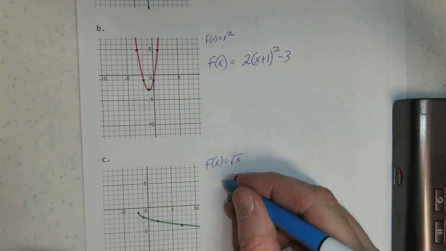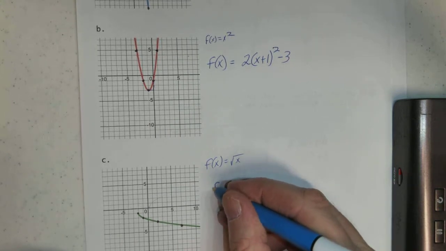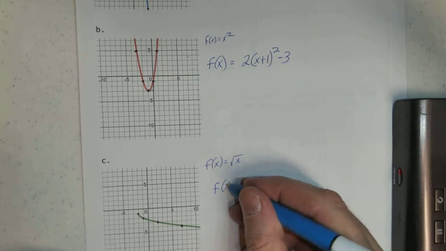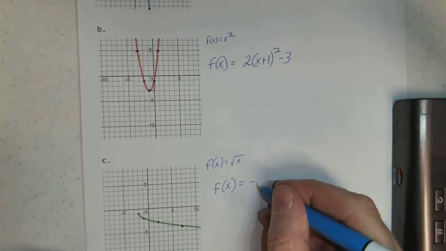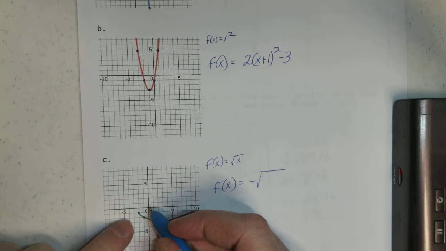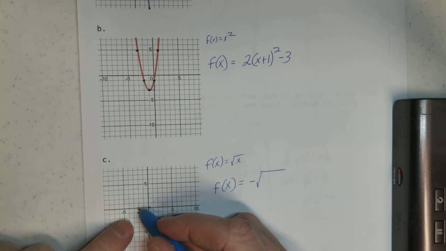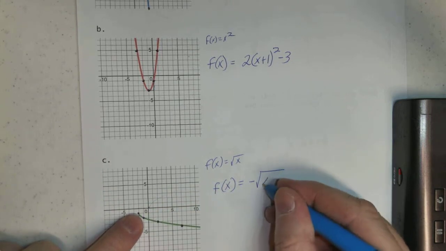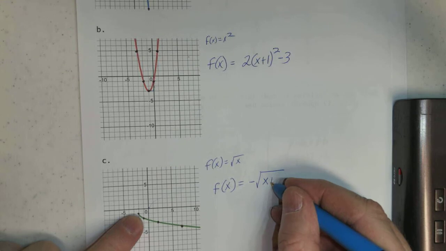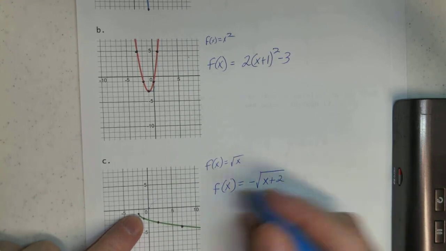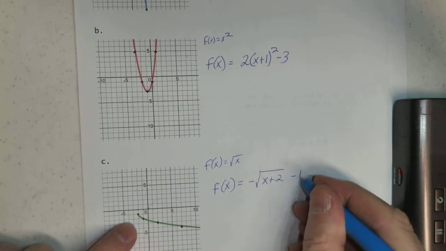So that would entail negative square root, and then we're also moving it 1, 2 units to the left, so x plus 2, and 1 unit down, so minus 1.